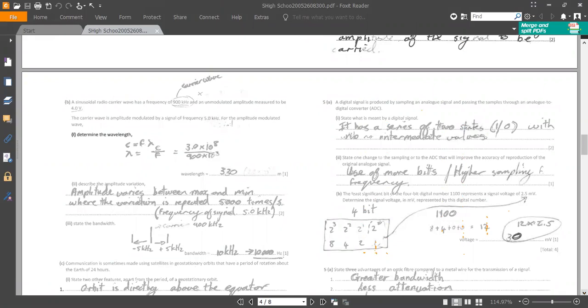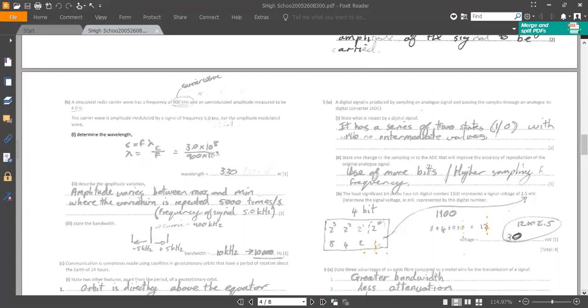A sinusoidal radio carrier wave has a frequency of 900 kilohertz. That's your carrier wave, and an unmodulated amplitude measured to be 4 volts. The carrier wave is amplitude modulated by a signal frequency of 5 kilohertz.